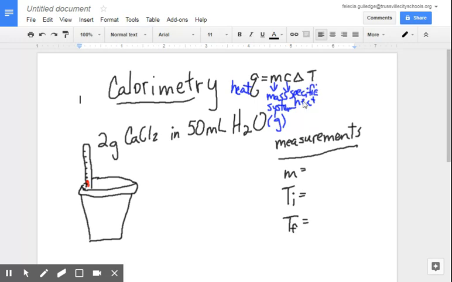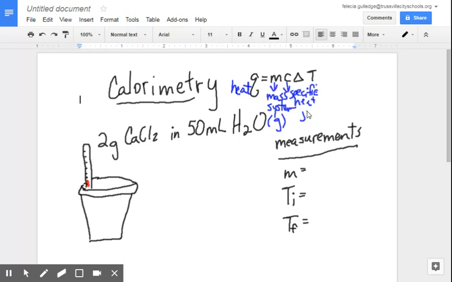Now, if I have water on the other hand, water has a very high specific heat value. So if I put a pan of water on the stove with the same amount of heat, that water might not heat up as quickly as the metal. So the higher the specific heat, the lower your temperature changes given the same amount of heat being put in. So that's the conceptual component of specific heat.